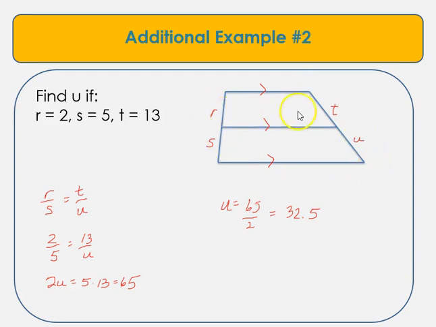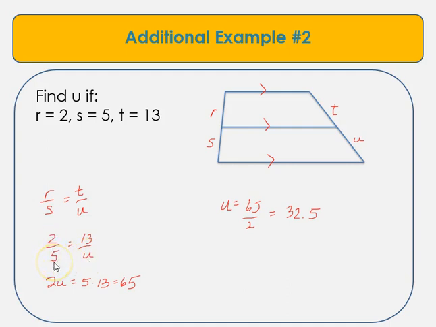So we'll take the upper pieces here to begin, and we'll set it R is to S equals T is to U. They ask us to solve for U, and they tell us that R is 2, S is 5, and T is 13. So I wrote the original proportion and substituted the numerical values.